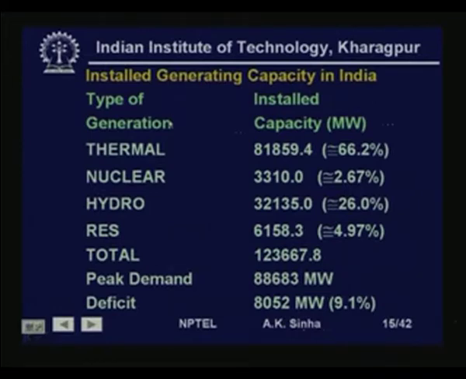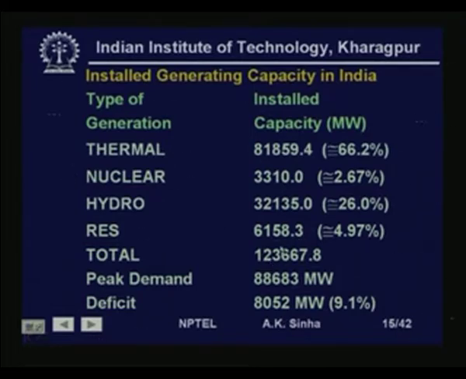Okay. Now if we look at India, the total generating capacity available till 2005 was around 1,23,668 megawatt.